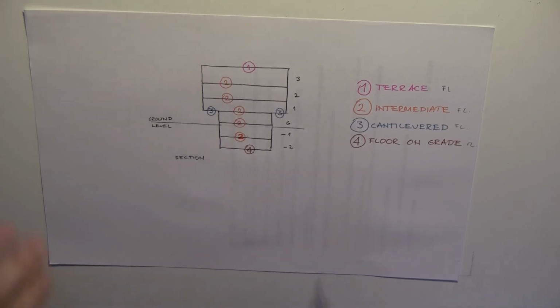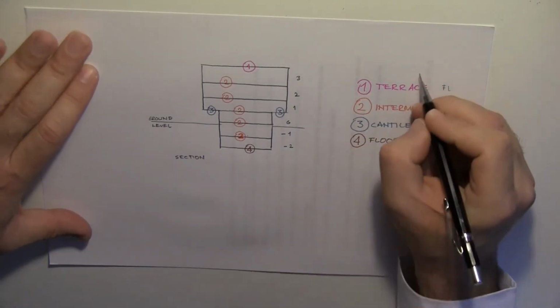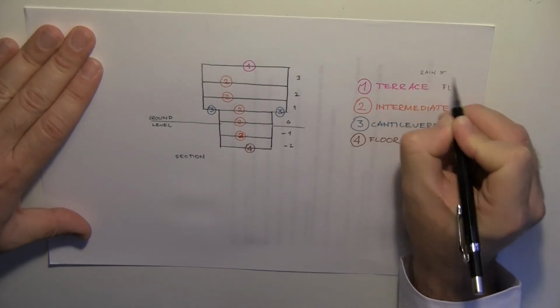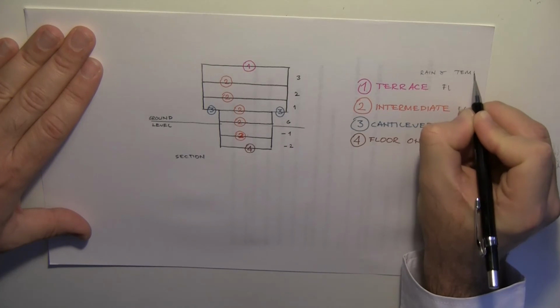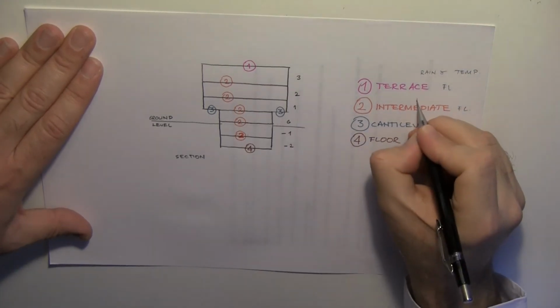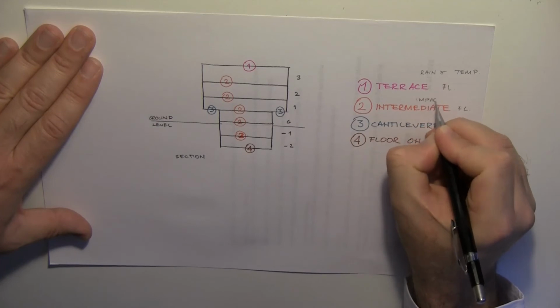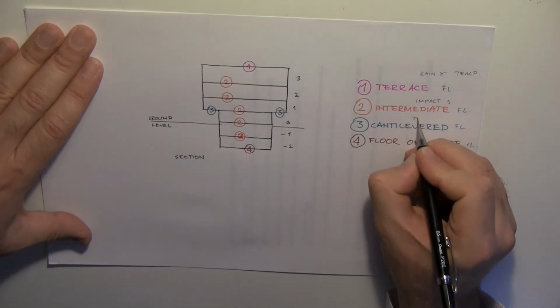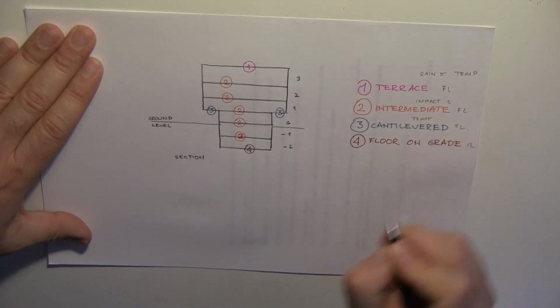Okay, so a terrace floor will be exposed to rain and temperature differences. An intermediate floor will be exposed to impact sound. A cantilevered floor will be exposed to temperature differences, mostly.